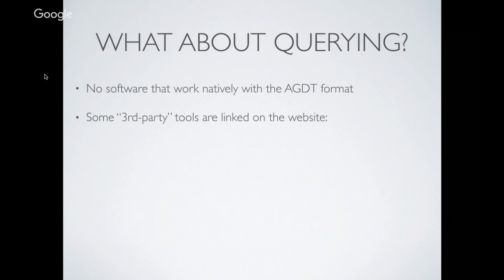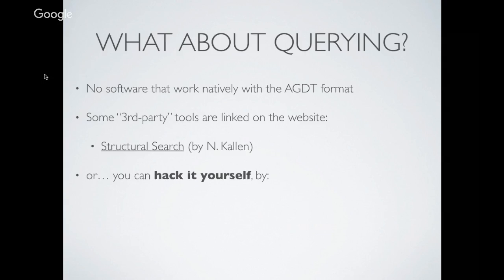What we do have is a few third-party tools that are also mentioned on the website, and in particular one that I will present briefly in a few minutes, the structural search developed by Nick Callan.